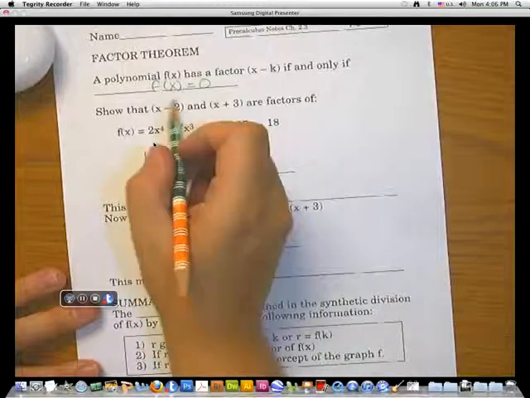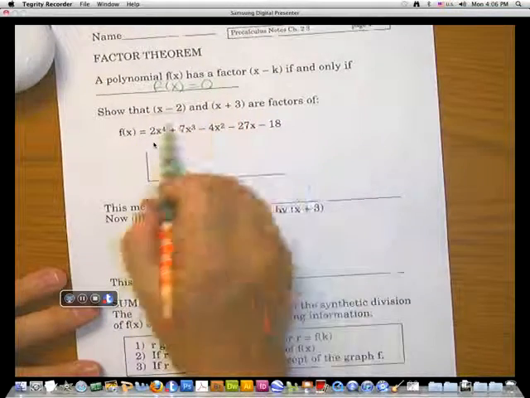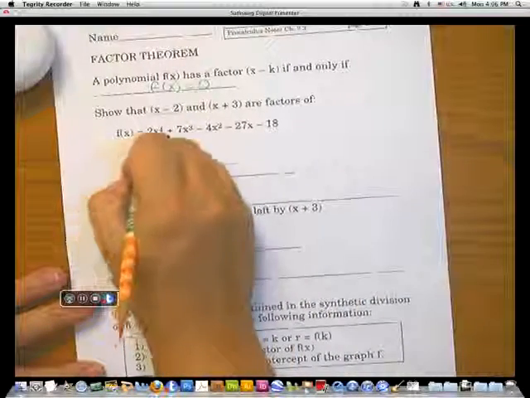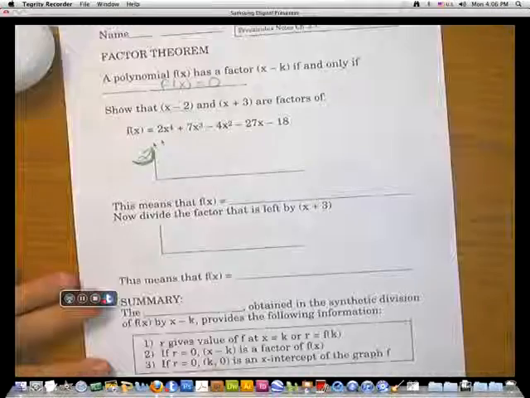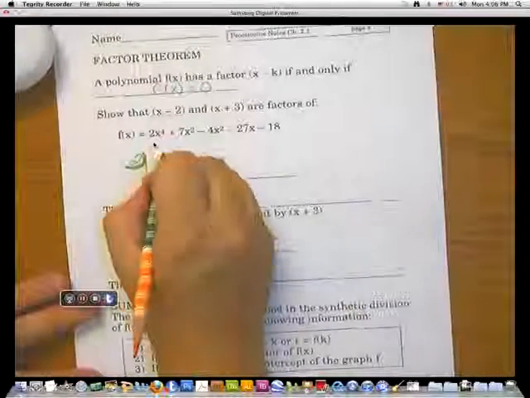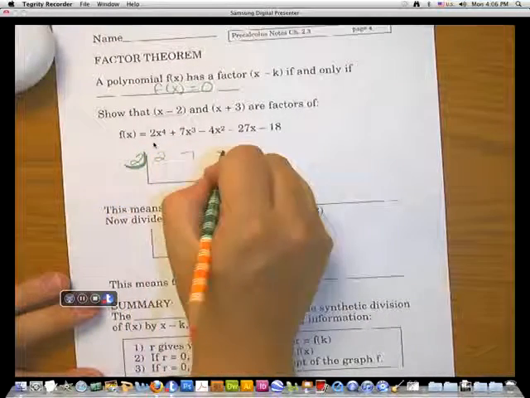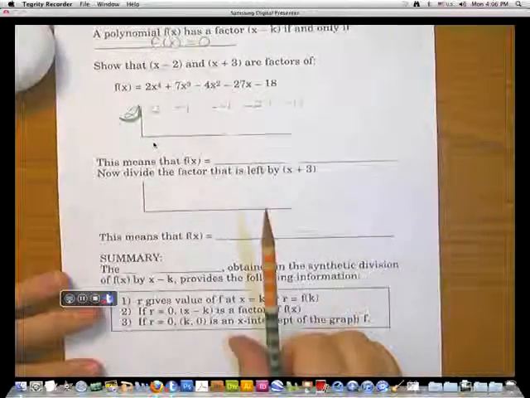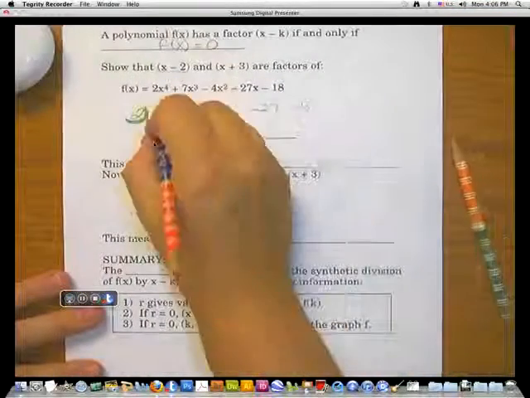So in this case, negative 2 and 3 are factors. I'm going to start with the first one, and here's my polynomial. So I'm going to go with 2. Put in all of my coefficients and do my synthetic division.